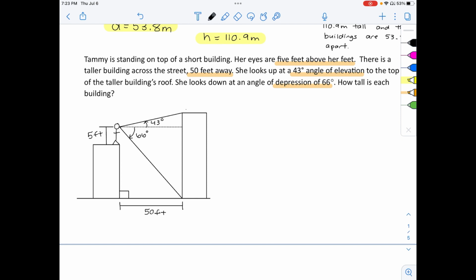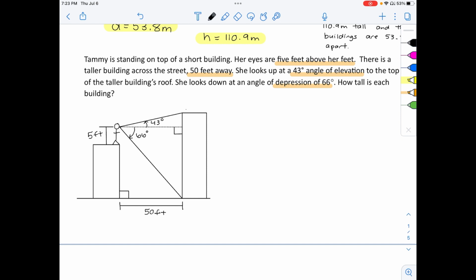And again, because we know that the building is perpendicular with the ground, we can also say that this here is perpendicular. It's a 90-degree angle. So similar to the previous question, we have two right angle triangles in the diagram here. The last thing I'm going to do is label the pieces I'm trying to find.